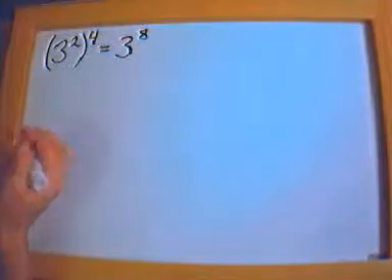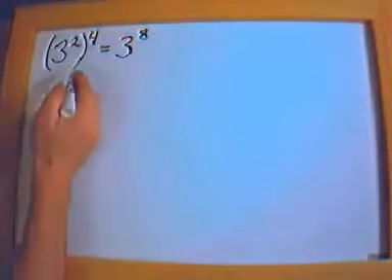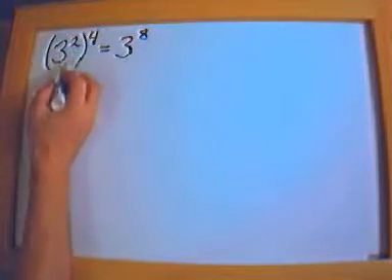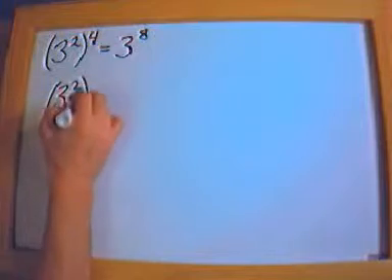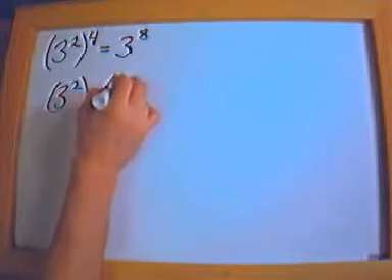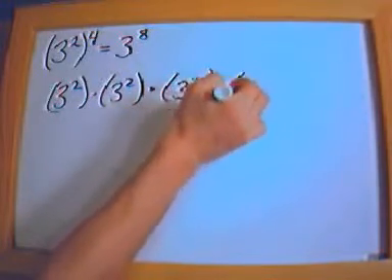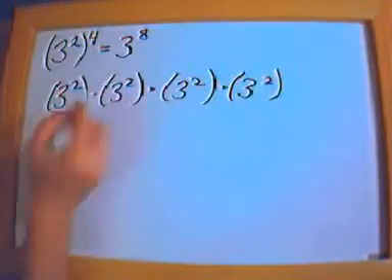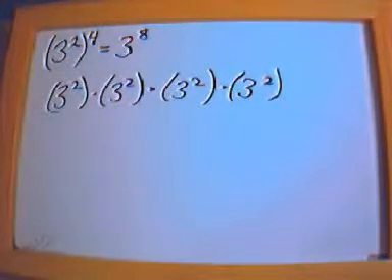And to convince yourself of that, I'm going to blow through it real fast. I don't like to do too many proofs, but I think this is kind of neat. Well, let's go ahead and write this out. What does this mean? I've got 3 squared times 3 squared times 3 squared times 3 squared. I did it 4 times because the entire inside here is raised to the fourth power.